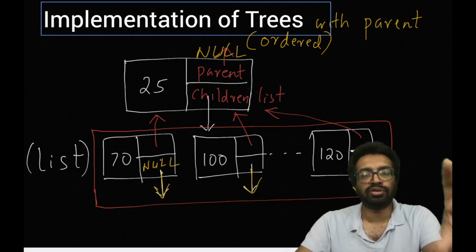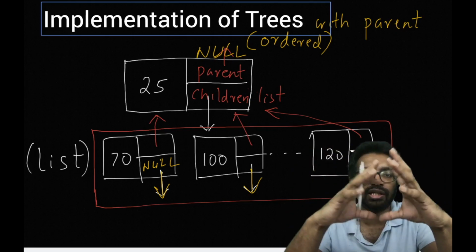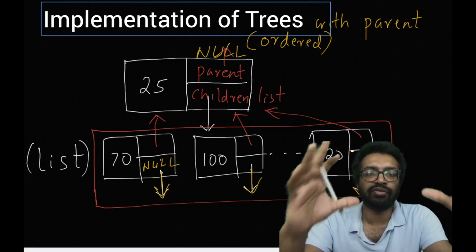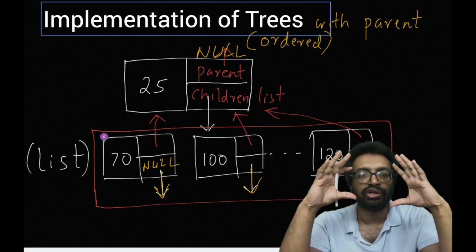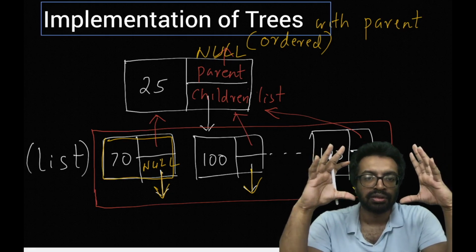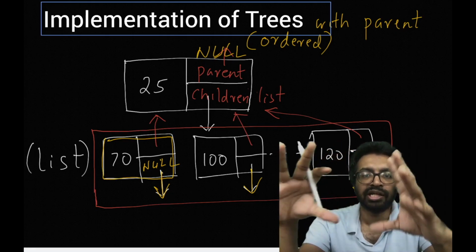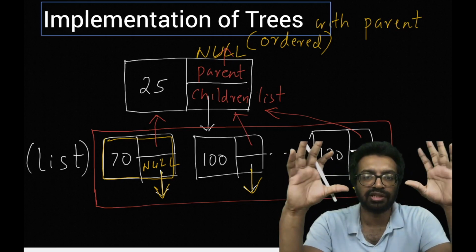So given a node, how can I tell whether that node is a leaf or not? All I have to see is its child pointer, right? If the child pointer is null, it means that it does not have any children, therefore it's a leaf.